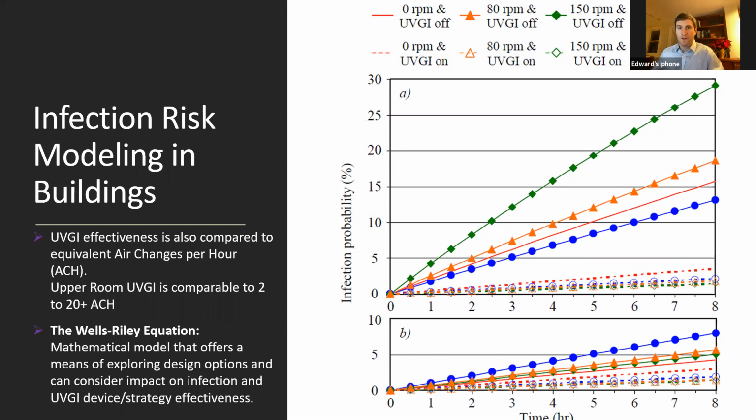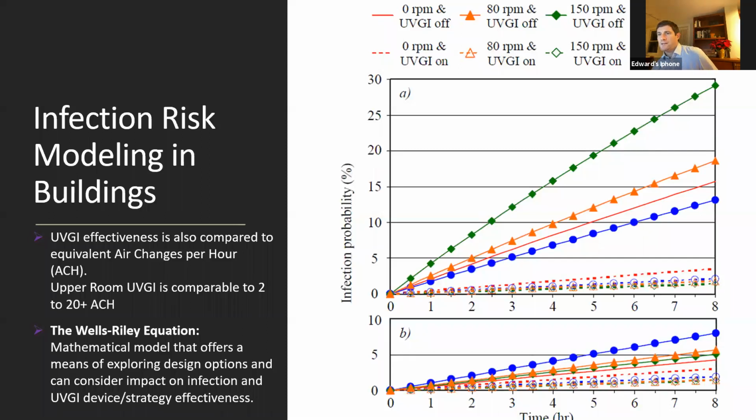Sure. So in terms of modeling the infection risk, oftentimes we look at, back in 1978, this equation called the Wells-Riley equation. It was derived to predict infection risk, originally used to model the measles outbreak in schools, but it can be quite effective for a variety of pathogens.